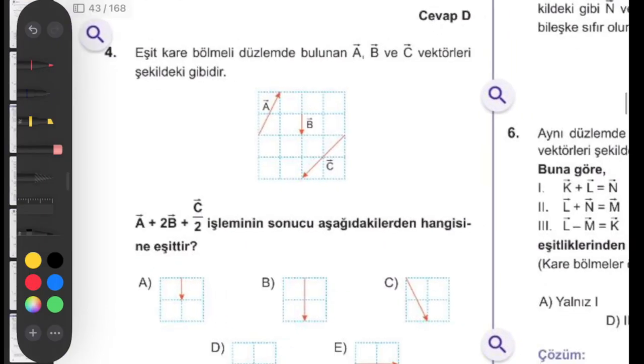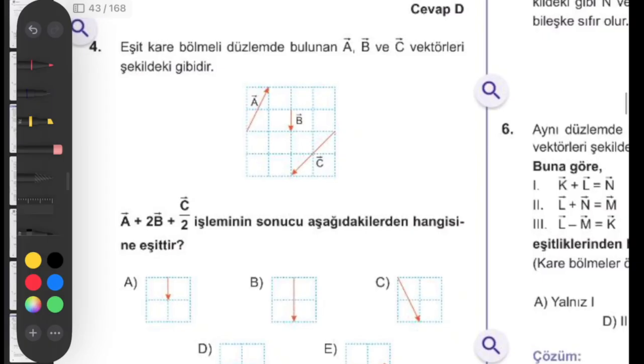Okay, let's solve this question. So we have A vector here, 2B, we need to multiply by 2. If you multiply by 2, you're going to have the 1 unit and 2 unit. This is the total, 2B.